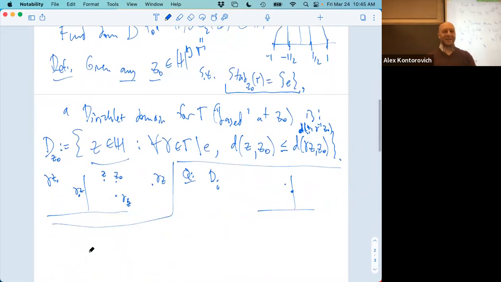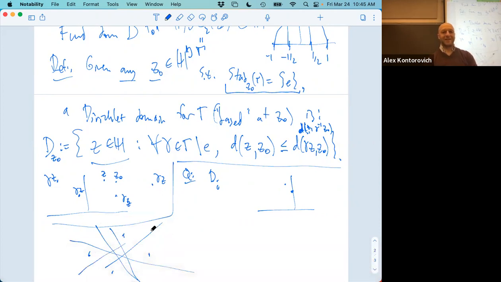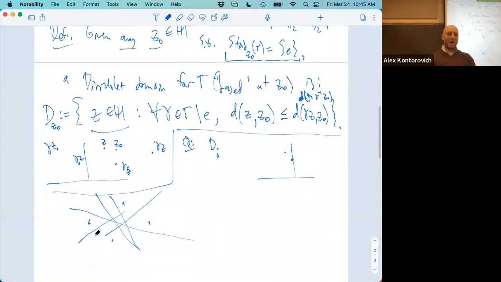Yeah. So if I have a bunch of points, I can take the bisectors between all of them. I can take all these bisectors, and now I've decomposed the space. There's a nice Voronoi cell.